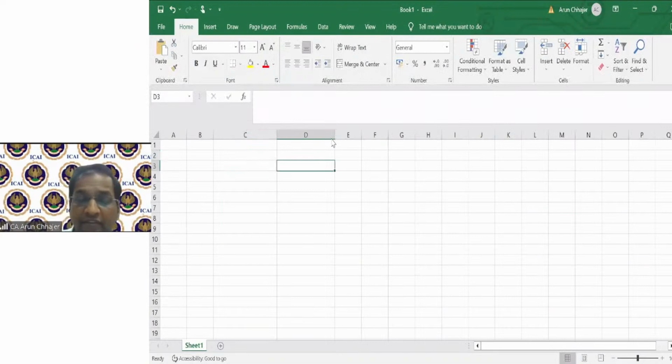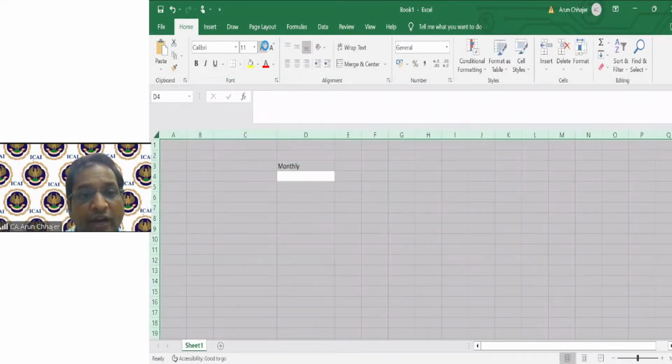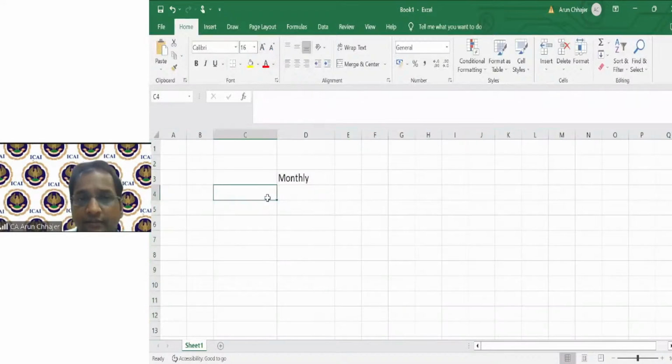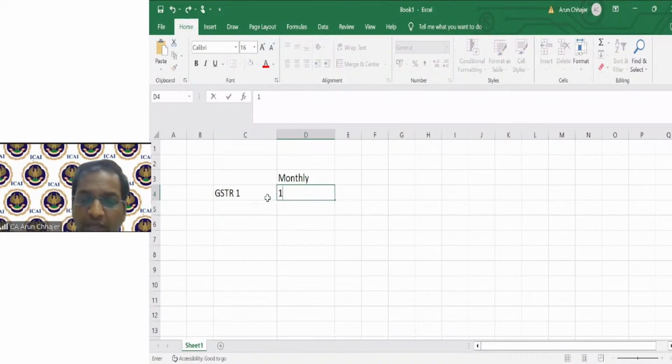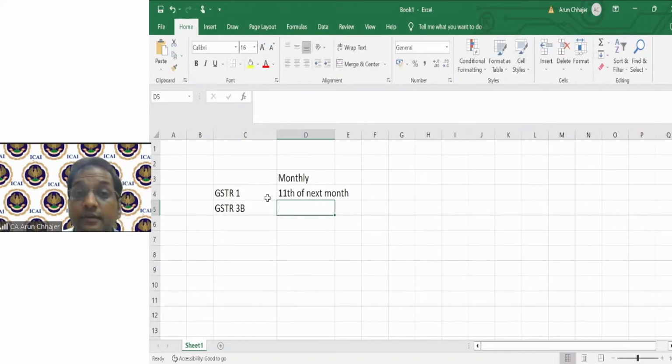So, if I am under monthly, then what is the due date of GSTR 1? 11th of next month. What is the due date of the GSTR 3B? It is 20th of next month.